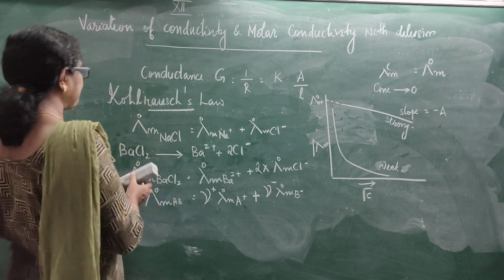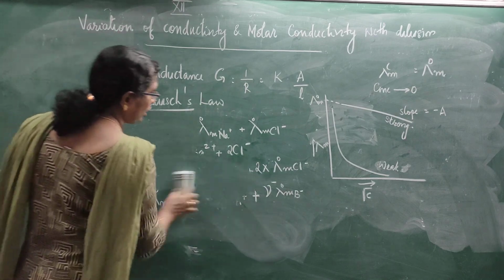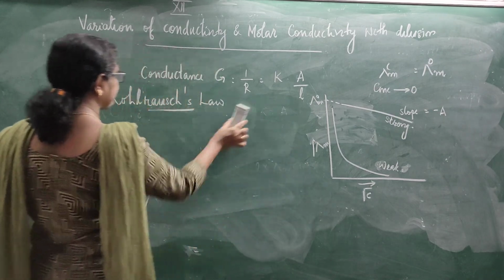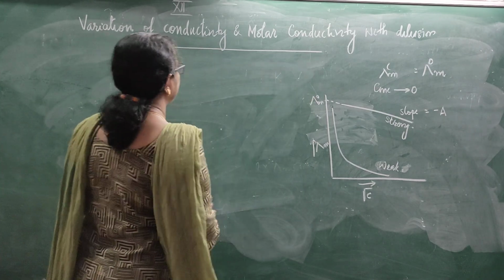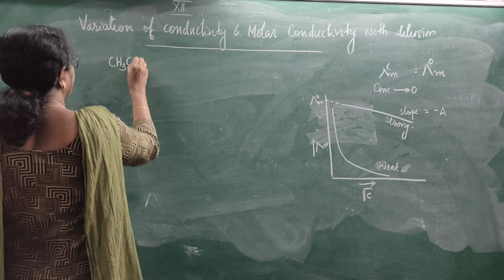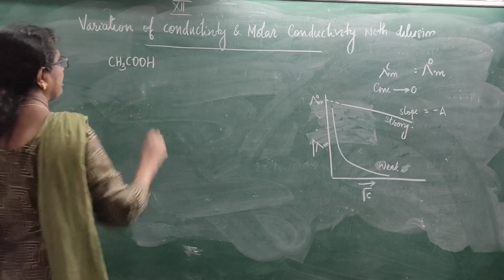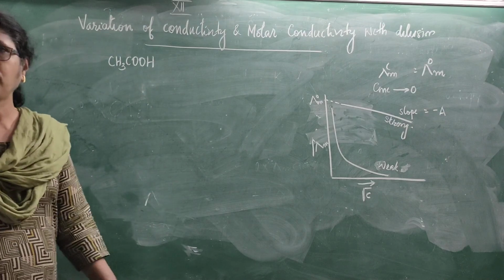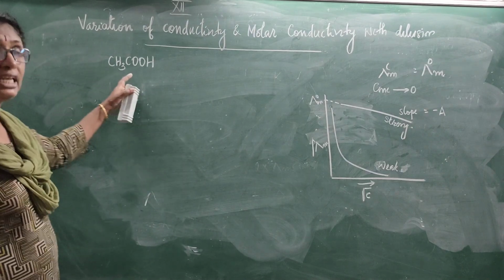For example, suppose you want to calculate the molar conductivity of CH3COOH, that is ethanoic acid. This is a weak electrolyte.